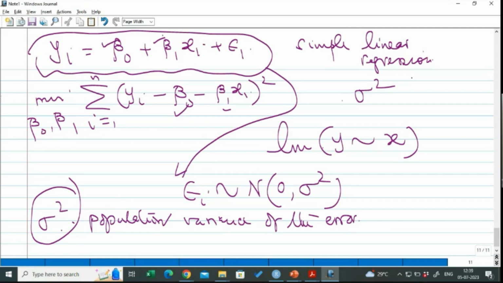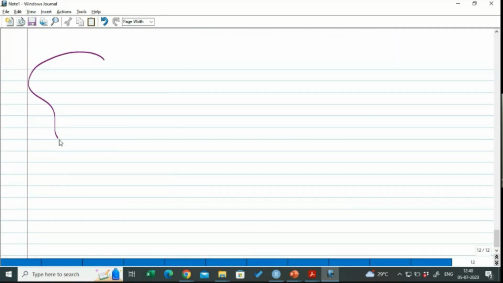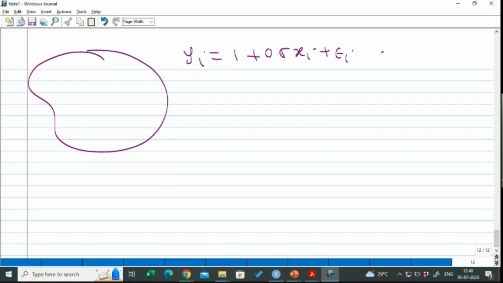Now, your choice, should you go for a linear regression model? That is heavily dependent on this term sigma square. That means if your population has a higher variance, then you may not even be able to identify whether we should start our analysis with a linear regression or not. I'm again repeating. You have a population, y i equals 1 plus 0.5 x i plus epsilon i, where epsilon i follows normal 0 comma sigma square.